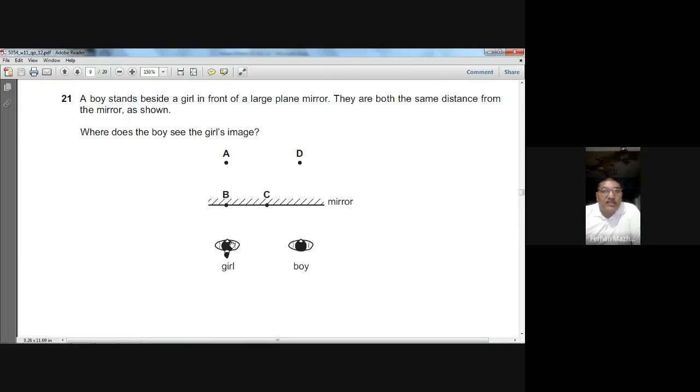So you see the light is reflected from here to the boy, and when I prolonged it behind, they intersected here. So probably the boy will be able to see the image of this girl at point A. A little bit tricky. If you have the hard copy of the paper in front of you, please, as I have instructed, draw those lines and you will be able to understand why the boy will see the girl at position A. So A is the option.